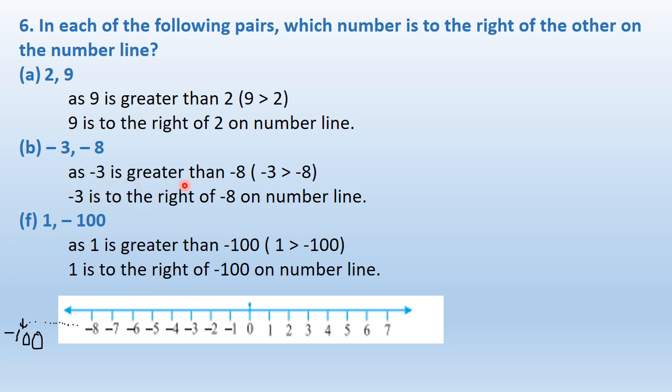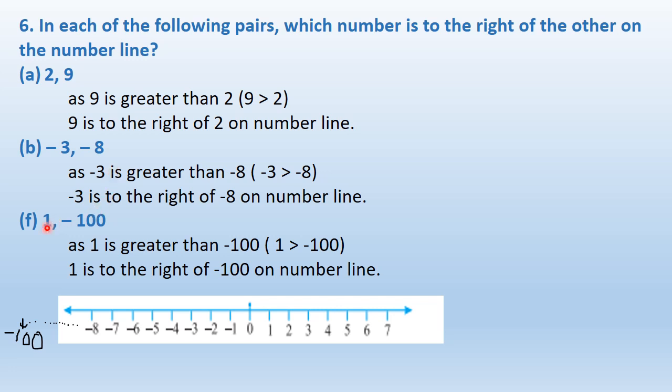So minus 3 is greater than minus 8. See children, commonly we can say that out of 3 and 8, if no sign is there, then 8 is the bigger number. But if it is with the negative sign, then the number is small as compared to the previous one.